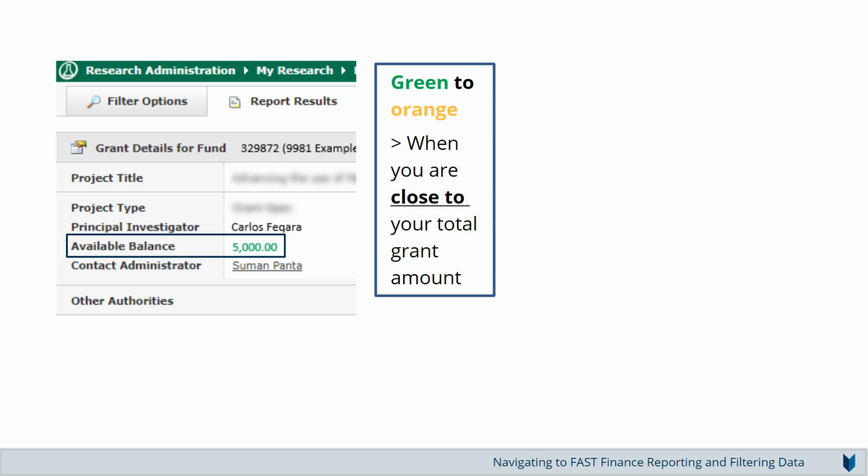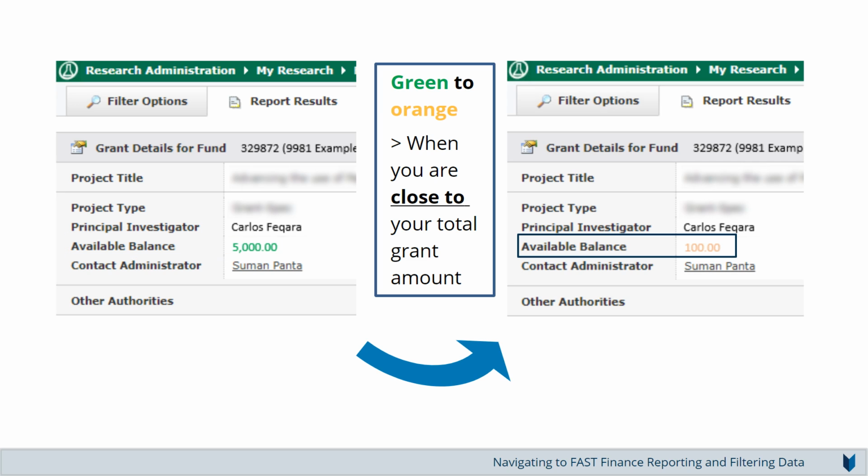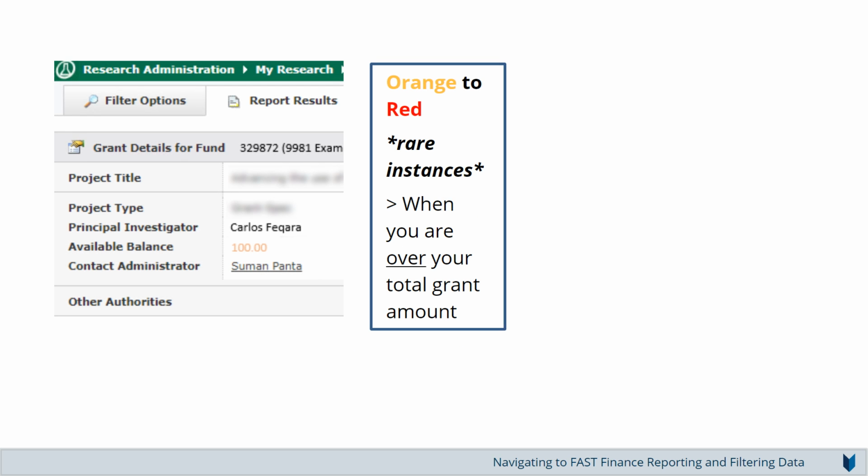When your expenses are getting close to your total grant amount, you'll see the font color change from green to orange. In rare instances, when your expenses are over your total grant amount, you'll see the font color change from orange to red.